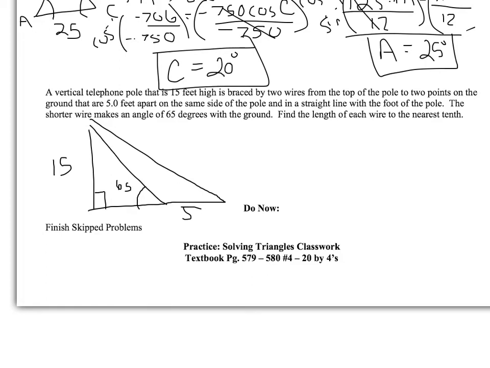Since it's vertical, that's a 90-degree angle. We are looking for that side and that side. And maybe you see in that smaller triangle already, you could use your law of sines to find x. 15 over sine 65, x over sine 90. Let's do that.